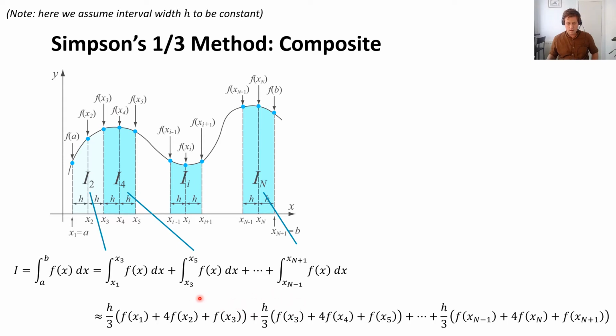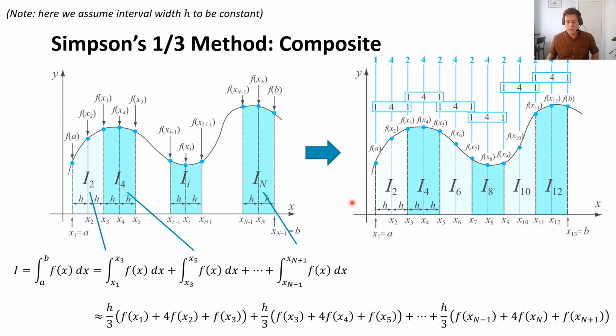X2 is only singled out here, but you will see that many of these terms come back multiple times when evaluating this entire sum. So let's take a look at each of these evaluation points and check how many times they are added to this total sum over here.